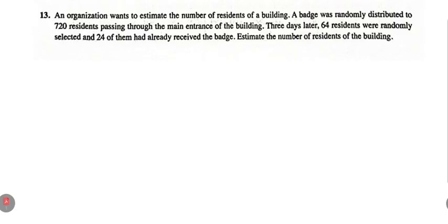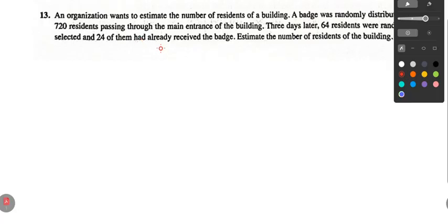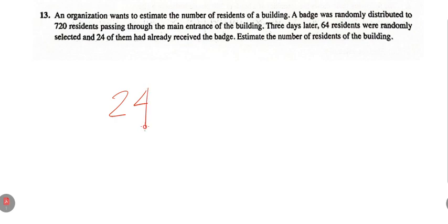Now here, what we're going to do is write it in a simple equation. So first we have the badged number of residents in the sample, so we have 24, and the total residents in the sample is about 64 of them.